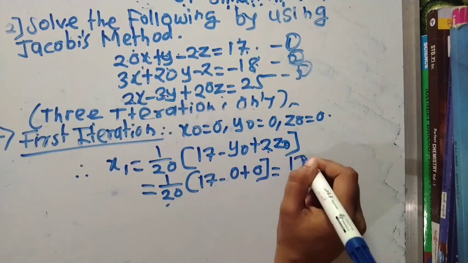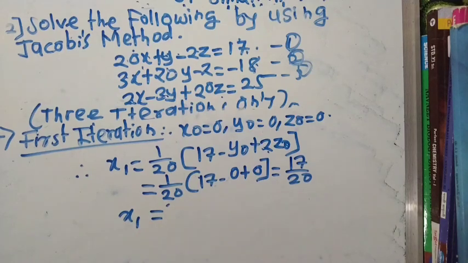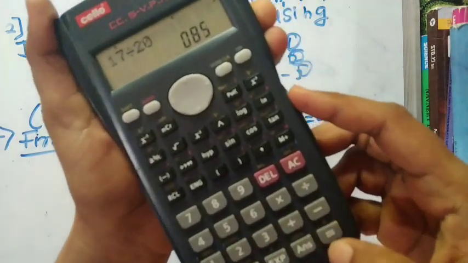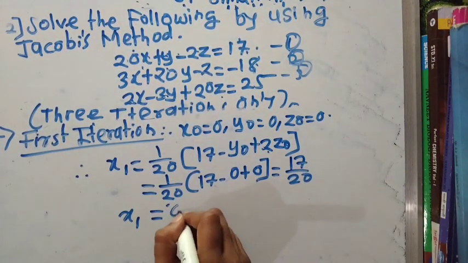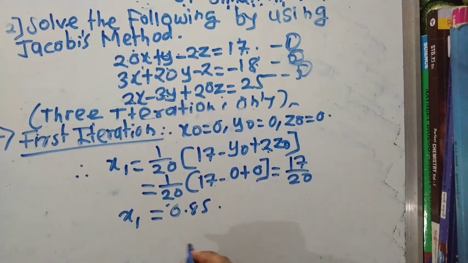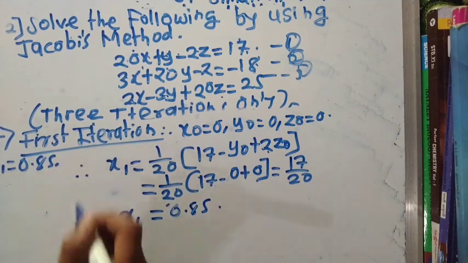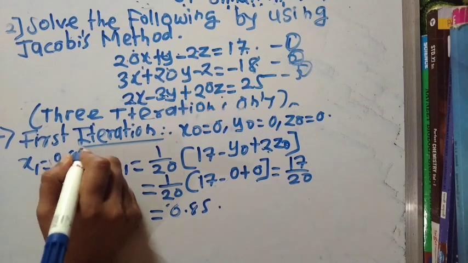So 70 divided by 20. Hence x1 is equal to 70 divided by 20, which is equal to 0.85. So x1 is equal to 0.85.